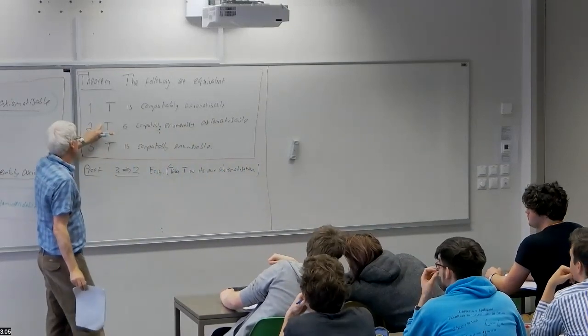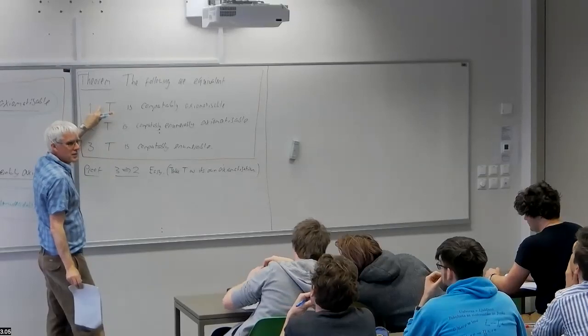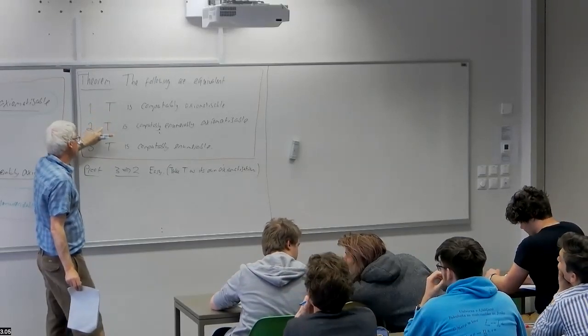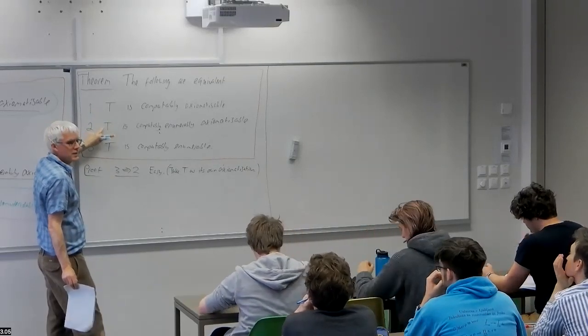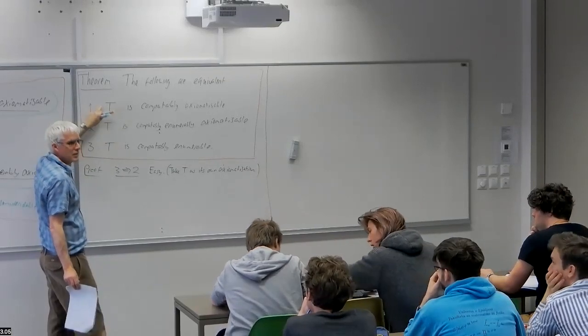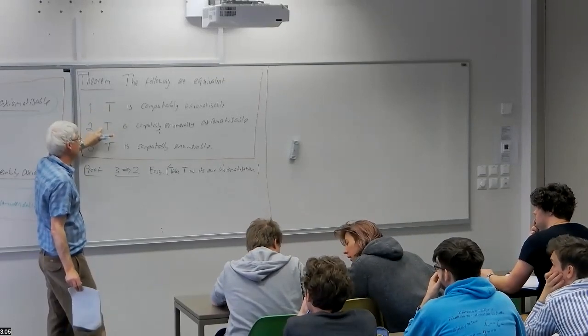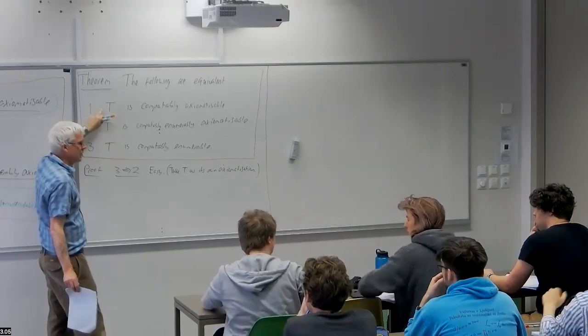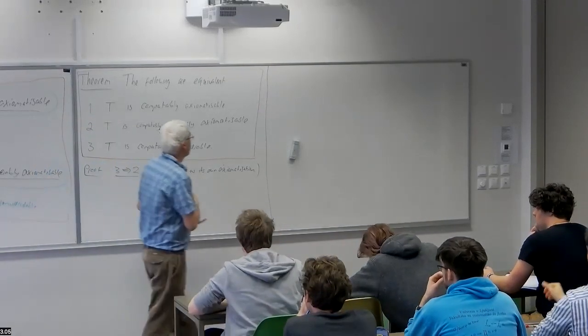Okay, so 2 implies 1 is the most interesting step, so we'll do that next. We've got a computably enumerable axiomatization, and this is the surprising step that 2 implies 1. We want to find a computable axiomatization.